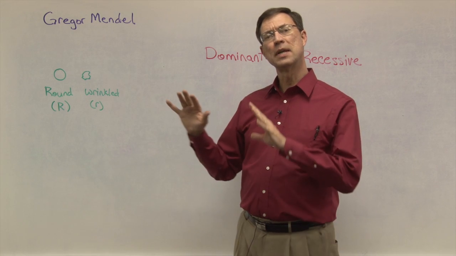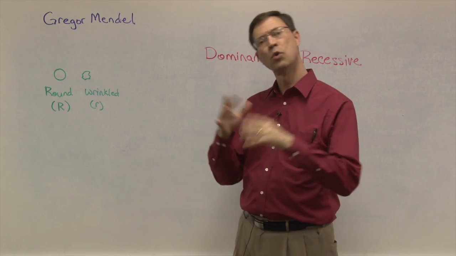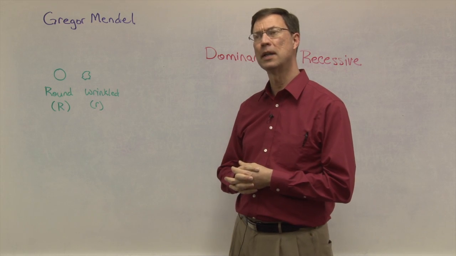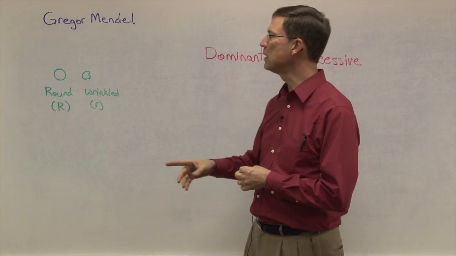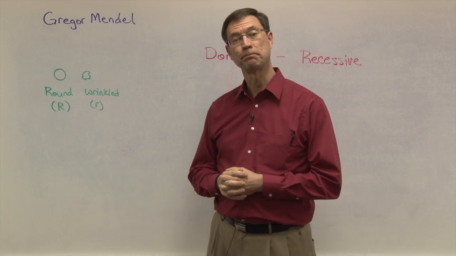And what he noticed was that if he had a characteristic, and your Pace goes through a whole long example with the yellow versus green, so I'm going to take a different example of the round versus the wrinkled pea plants.